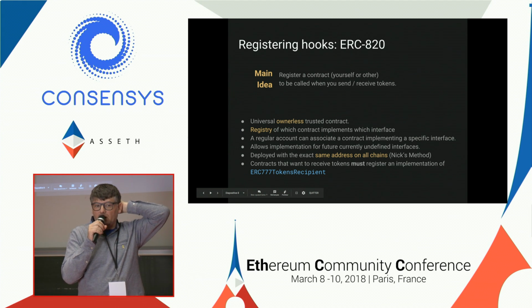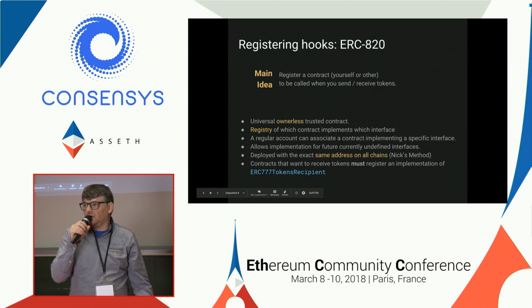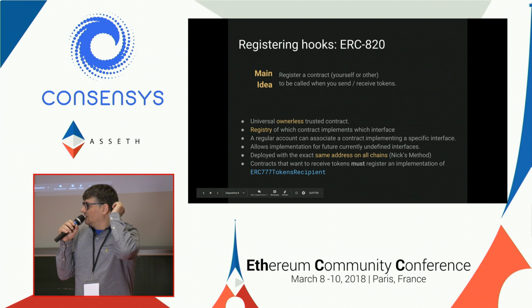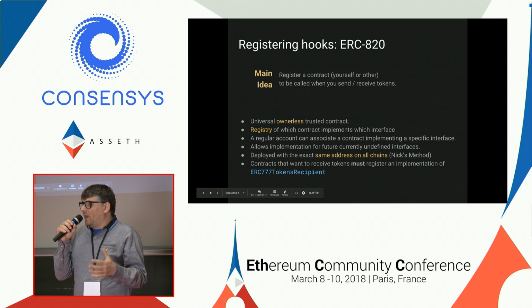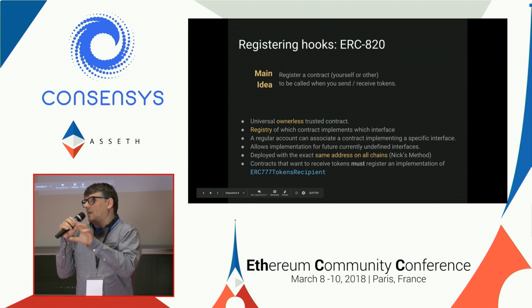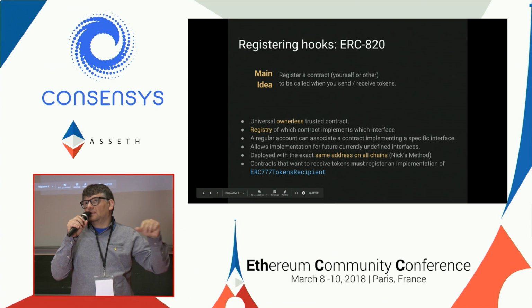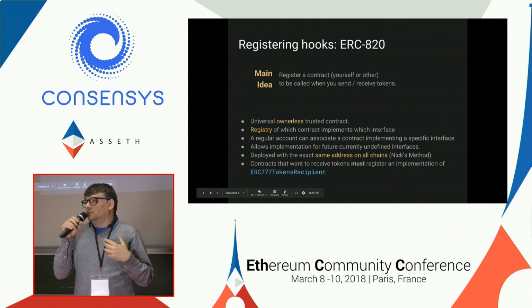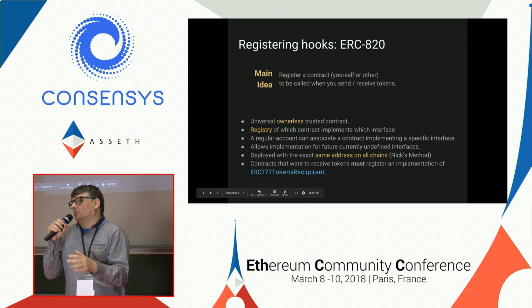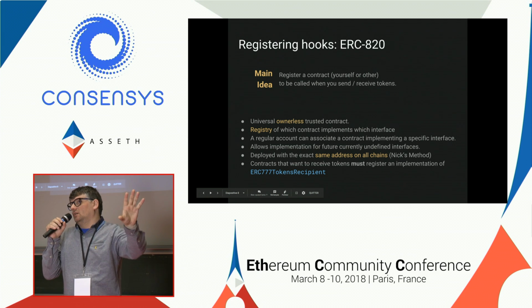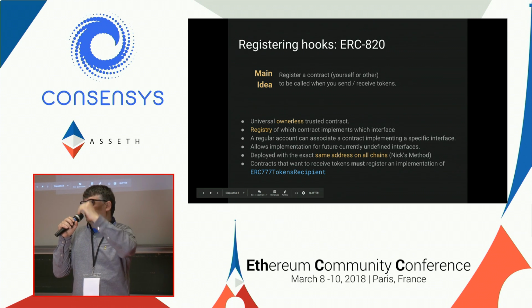The way we deploy it in ERC 820 is a very interesting way to do it, because we guarantee that this contract is going to have the same address in any chain where it's deployed, and nobody can put a different contract there. The way to do that is we generate a normal transaction to deploy the contract.